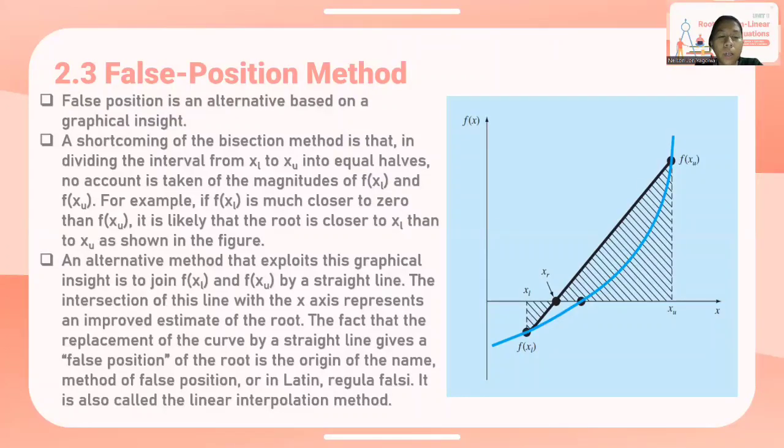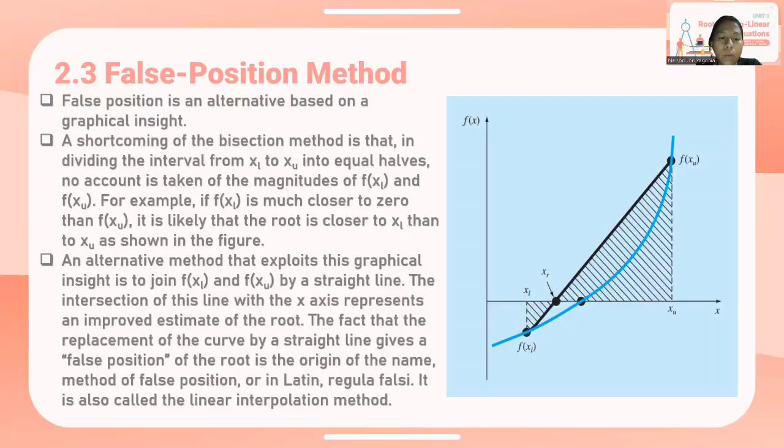An alternative method that exploits this graphical insight is to join f(xl) and f(xu) by a straight line. The intersection of this line with the x-axis represents an improved estimate of the root. The fact that the replacement of the curve by a straight line gives a false position of the root is the origin of the name method of false position, or in Latin, regula falsi.